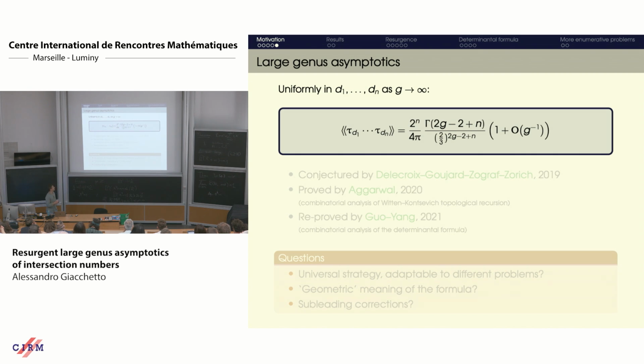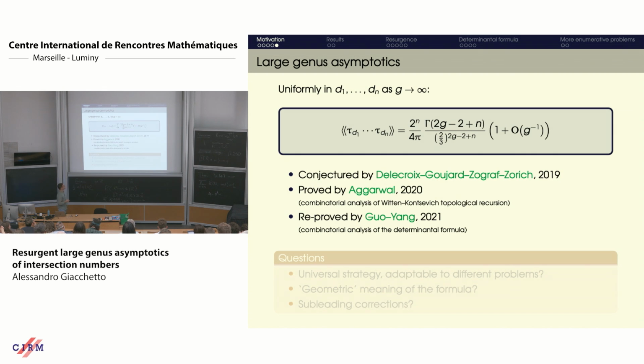Then you have a factorial behavior, a (2g)! behavior, which is given by this gamma function of 2g minus 2 plus n, divided by an exponential behavior, which is this (2/3) to the 2g minus 2 plus n. This formula was conjectured by Vincent, Elise, and Anton, together with Peter Zograf in 2019. It was later proved by Aggarwal and reproved by Guo and Yang.